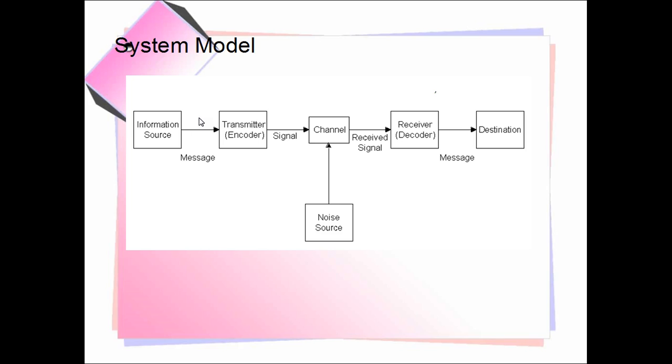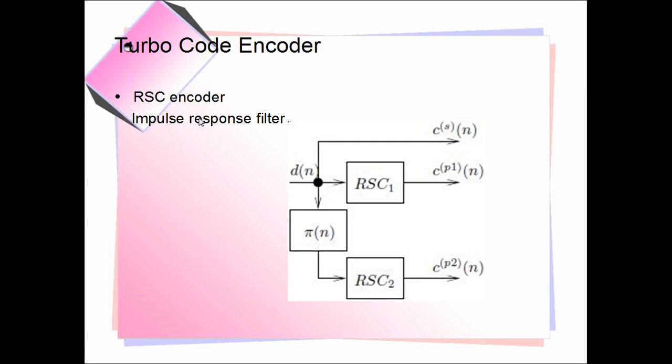Both blocks, what we can see here, are included in the transmitter and receiver. Let's first see the turbo code encoder. Turbo code uses RSC encoder, which is short for recursive systematic convolution codes.